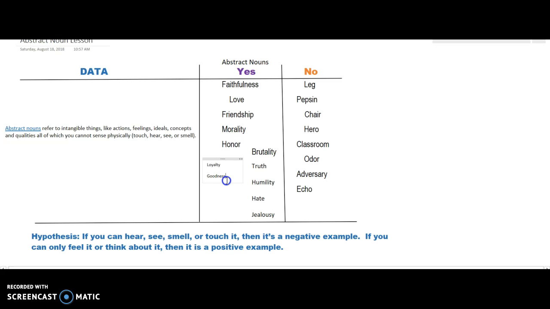I want you to think about an abstract noun that relates to your thesis. So, for instance, if you're writing your thesis about heroes, maybe you talk about honor or even bravery, right? What does it mean to be brave or to have bravery?